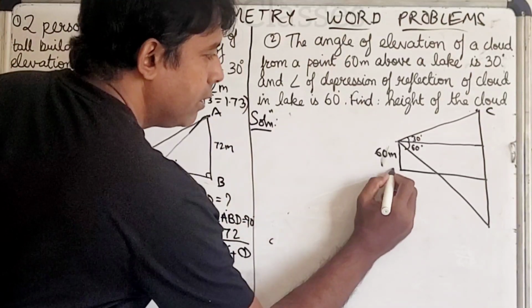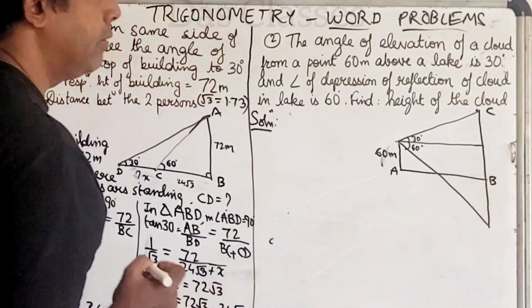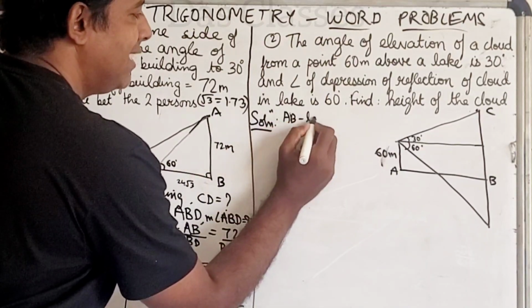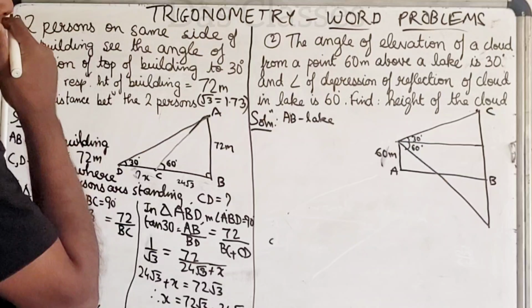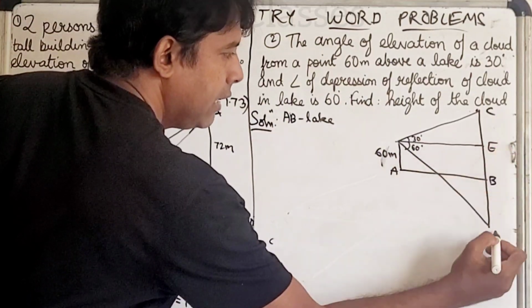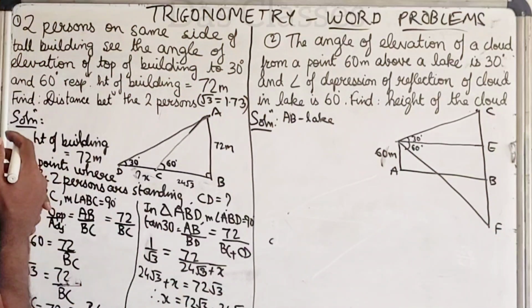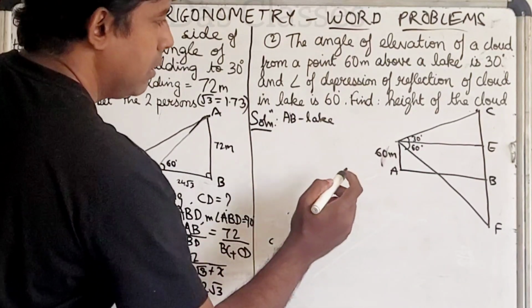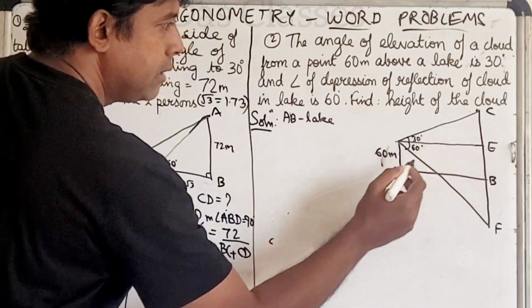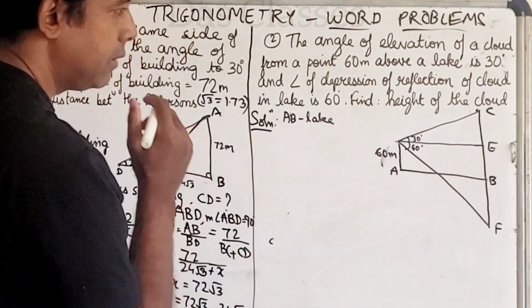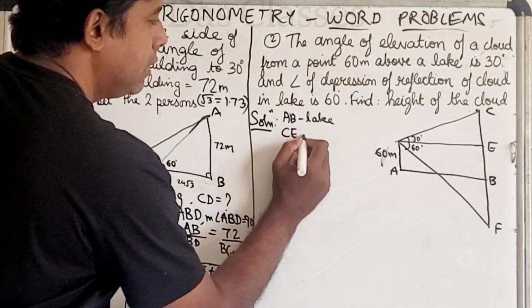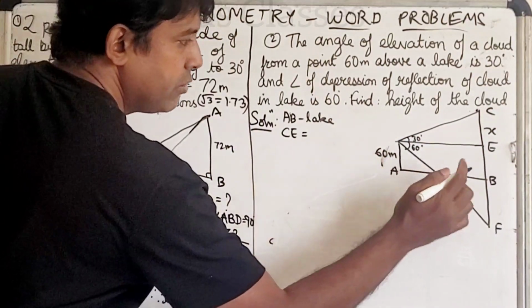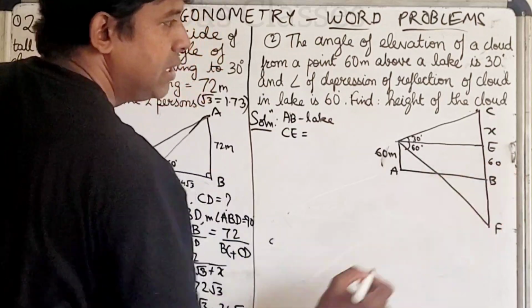Our lake is somewhere here. This is the lake AB. Okay, let us give these points, say E and F. Let us consider CE is equal to X. Now by the geometry of the figure, if this is 60, so this is also going to be 60.